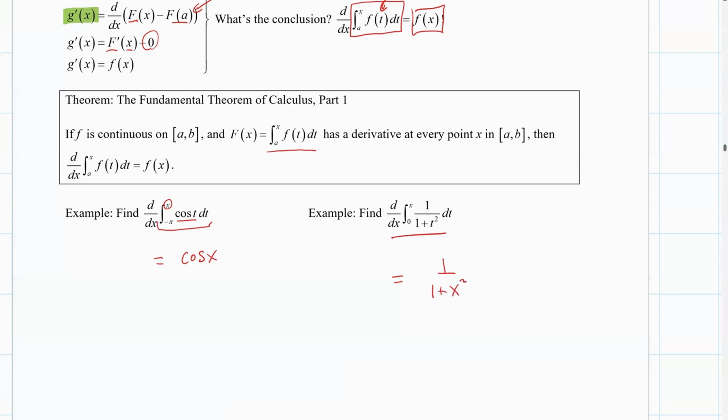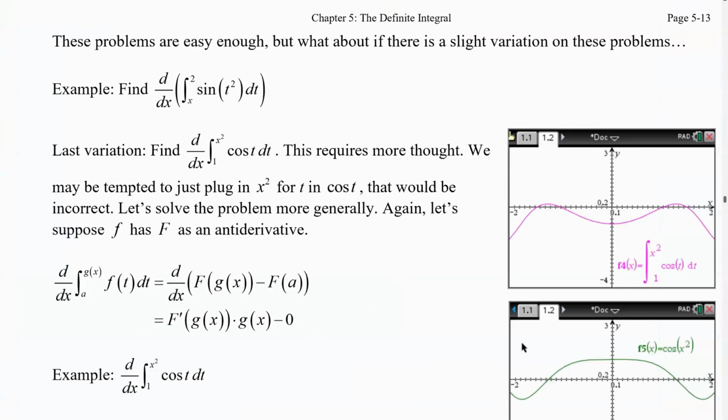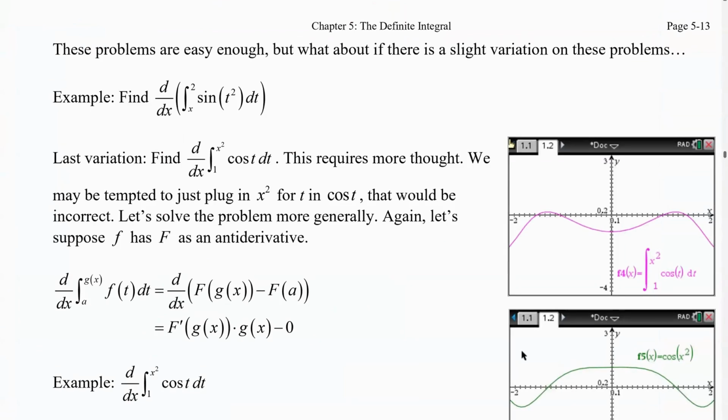Now, is that what all of the problems are going to look like? No, not so fast. What if we have some variation? What if the x is down in the bottom? How can we handle that? Well, for that situation, I can reverse the order of the limits of integration, and I simply have to put a negative sign out in front.